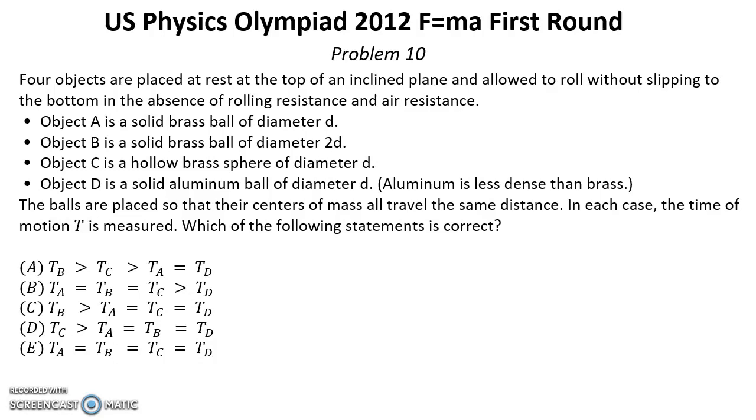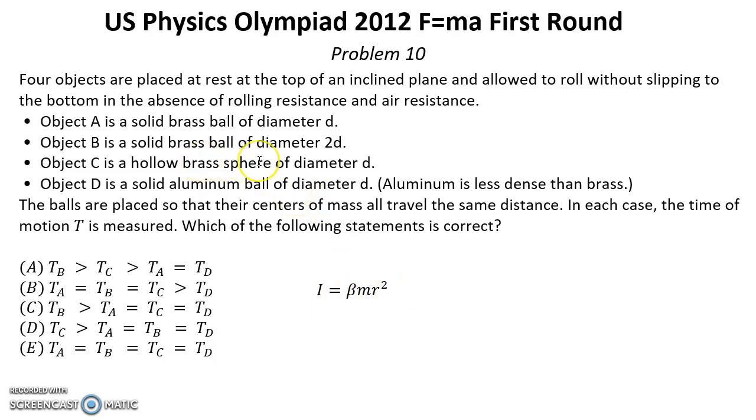Solution. Here we need to take into account the expression for the moment of inertia of each object. Moment of inertia for any round object we can express in the form I equal beta m r², where beta is some coefficient.